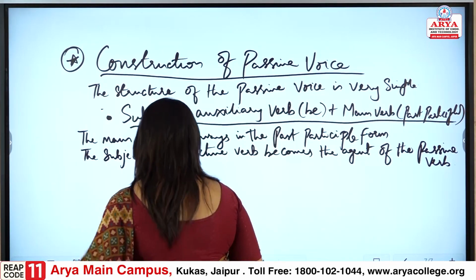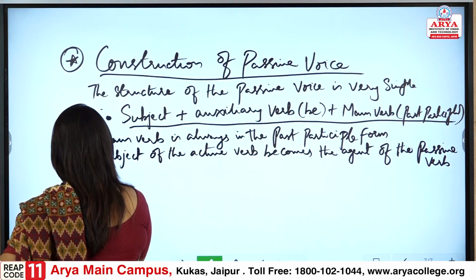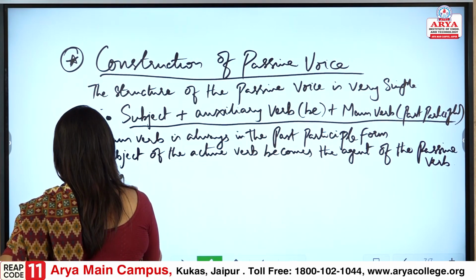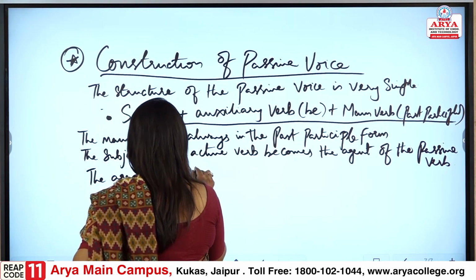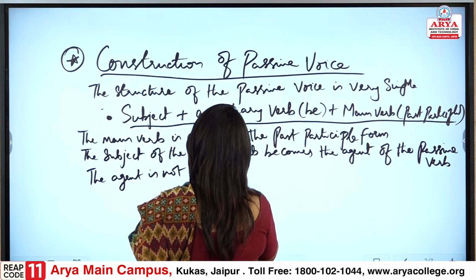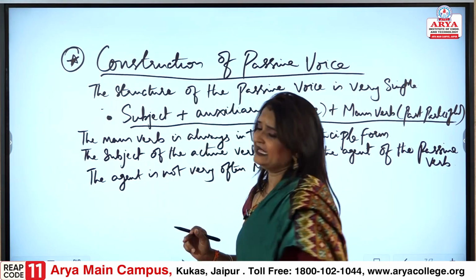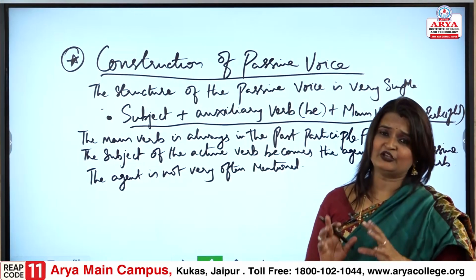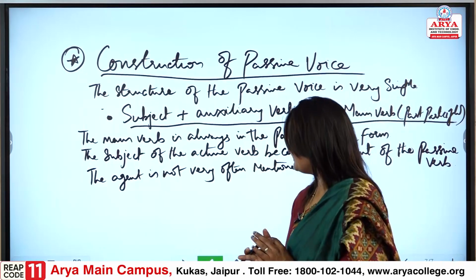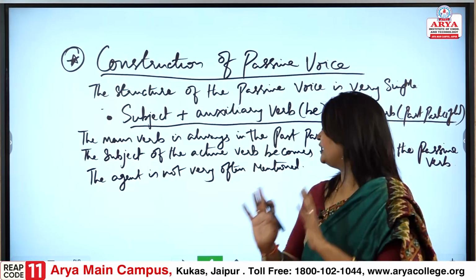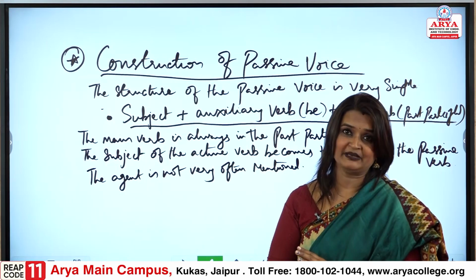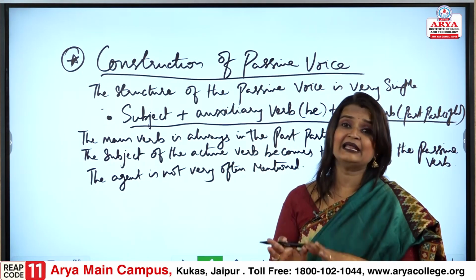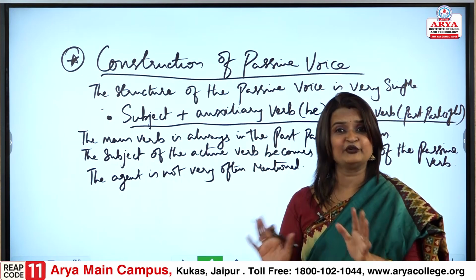Next, the agent is not very often mentioned. This is again one thing that we usually come across. The agent is not very often mentioned, we do not know the agent. Many times this could happen. So, at that time we need not get panicked or confused.